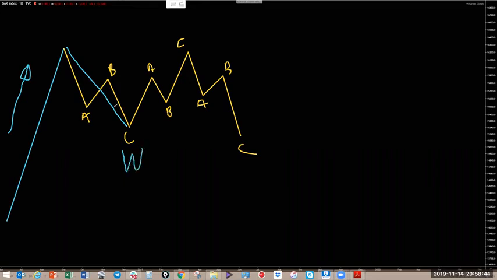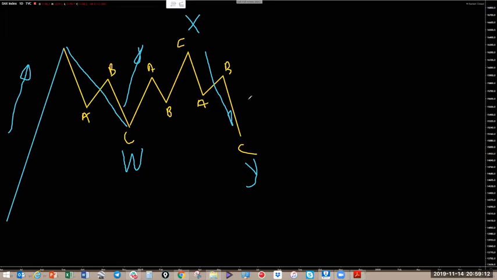And this W is representing the whole correction. Now this one zigzag here, the one that we said is in the same direction as the trend, we are always going to label it as X. If you find a corrective structure that is in the same direction as the swing, you label it as X. Now this one is fine, it's opposing the trend, so we'll call this one Y.